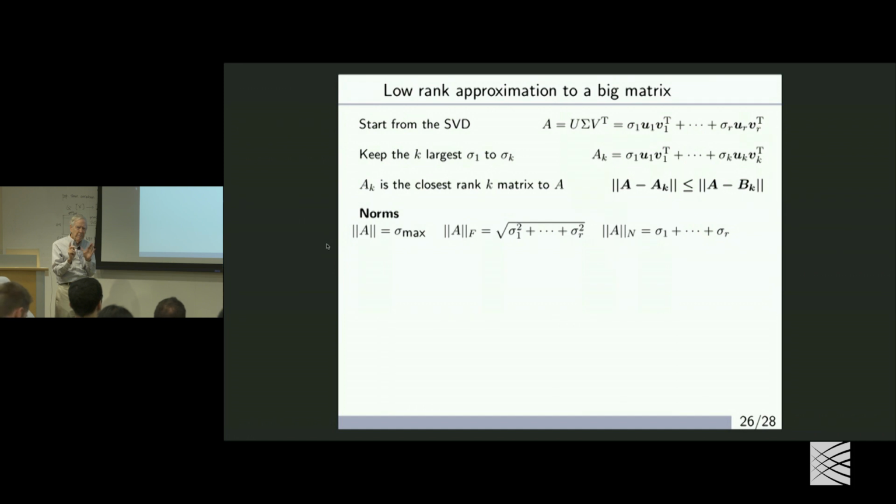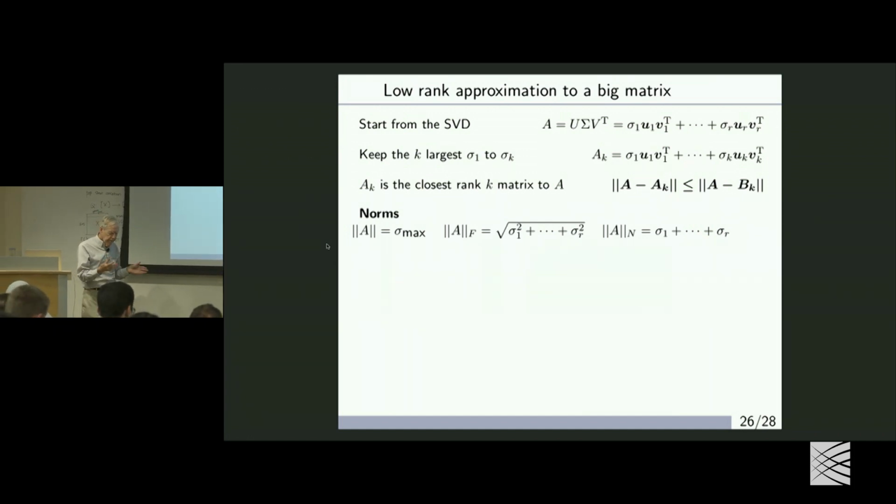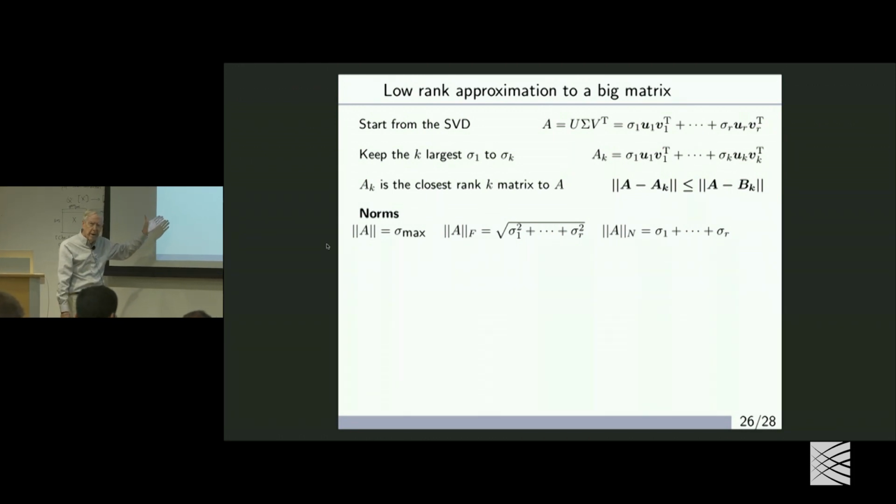But shall we allow 1 minute to the actual computation? So if you call MATLAB or any code for the SVD, it will compute it if your matrix is order 100 or 1,000. That's pretty amazing.